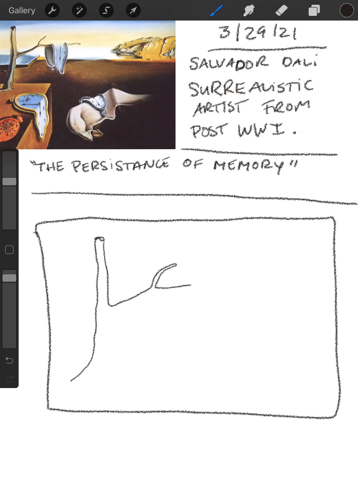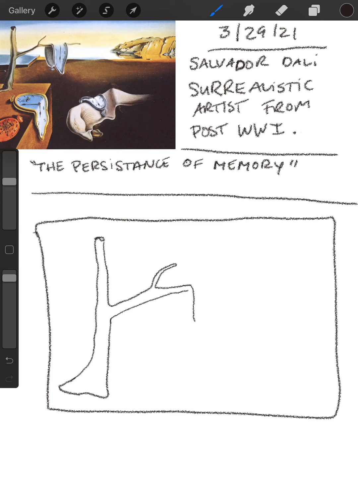Now, what if your tree doesn't look exactly like my tree? It's okay. We're just trying to glean the main information here.